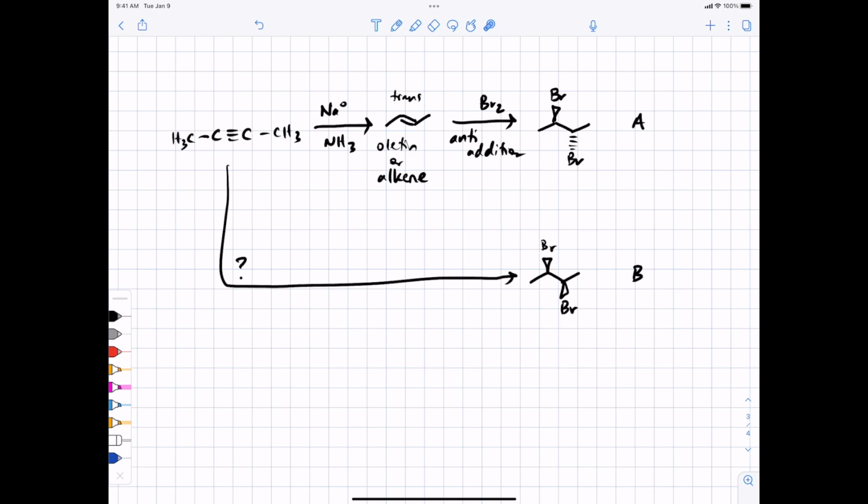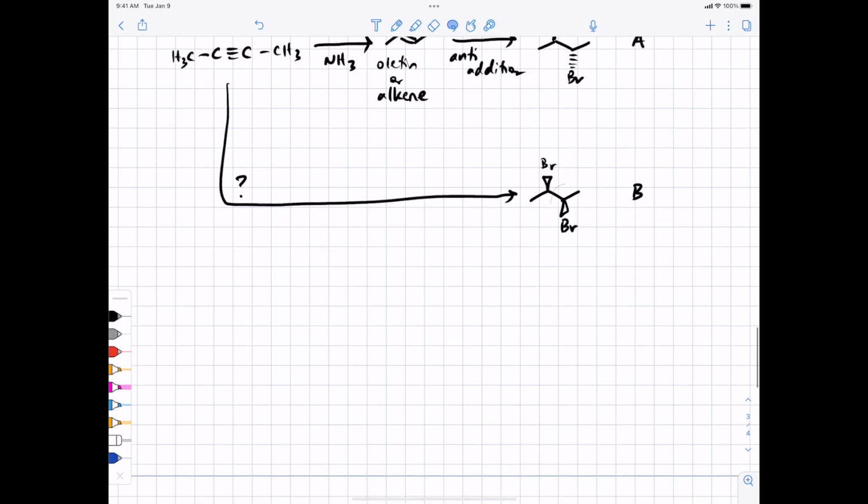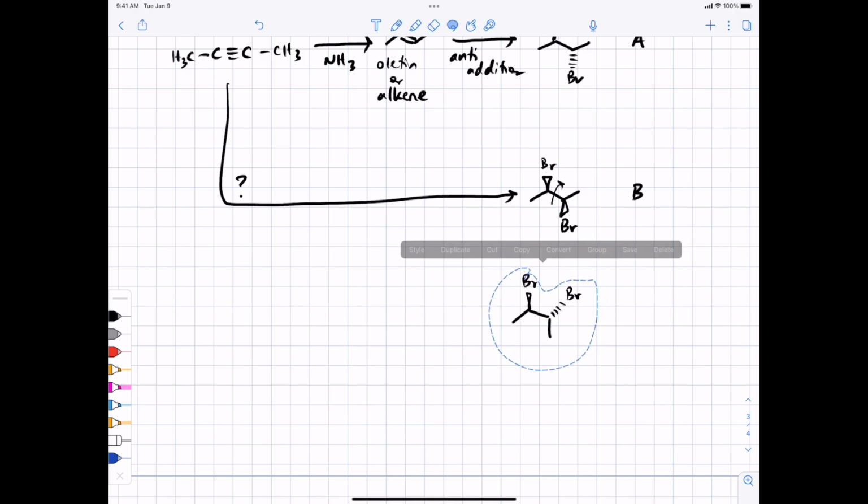Are you saying that I could rotate here and see that there is... Yes. Right, so beware the concealed stereochemistry issue where actually it is an anti-addition. I've just drawn it in such a way that it no longer looks like that. And so you have to be thinking in your brain, okay, how do I rearrange this molecule so that the Brs look anti to each other so I can tell what the olefin starting material would have been?